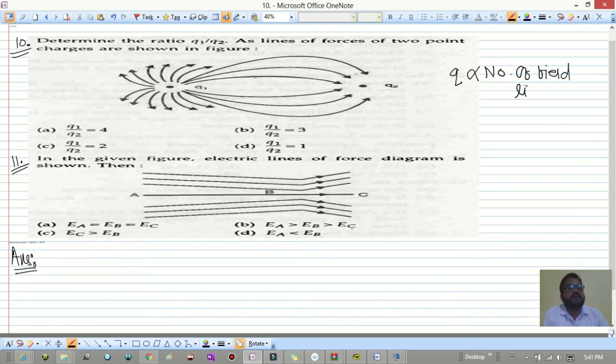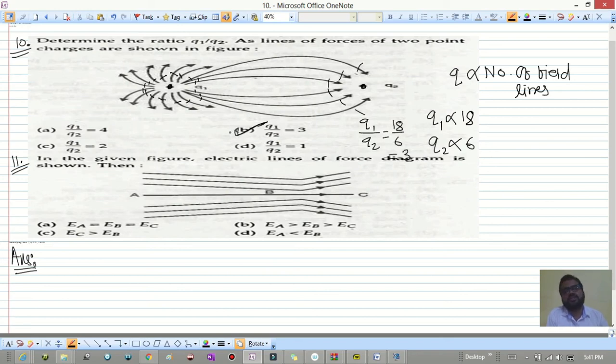From this charge, how many field lines are there? 1, 2, 3, up to 18, so 18 field lines are there. So Q1 is directly proportional to 18. Then on Q2, 1 2 3 4 5 6, only 6. So Q2 is directly proportional to 6. If you take Q1 divided by Q2, you will get 18 by 6, which is 3.